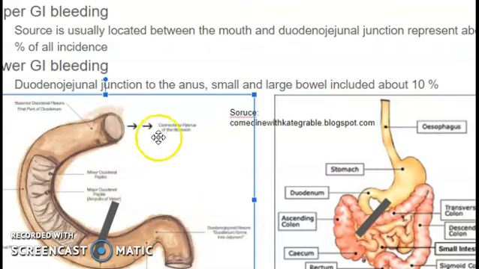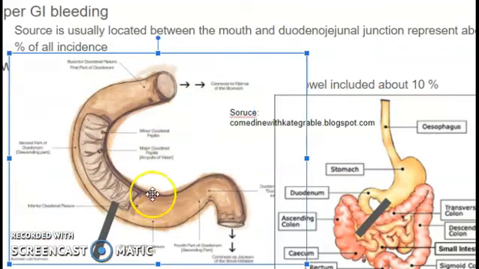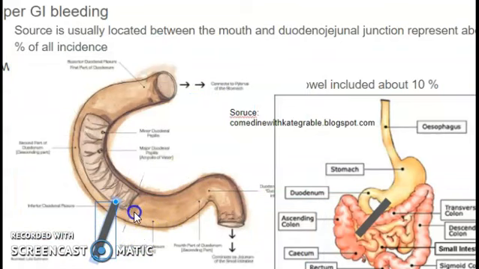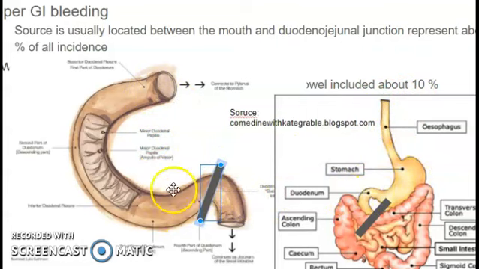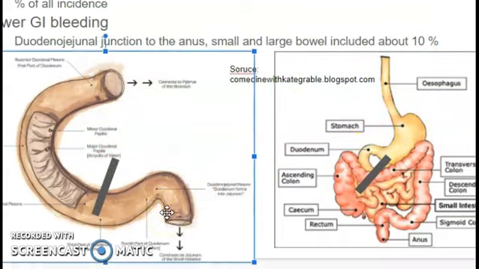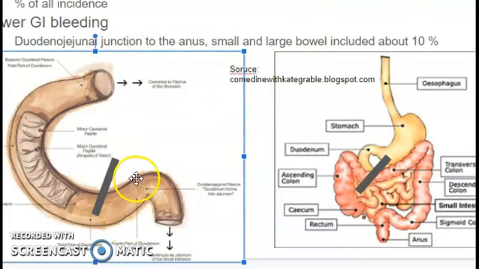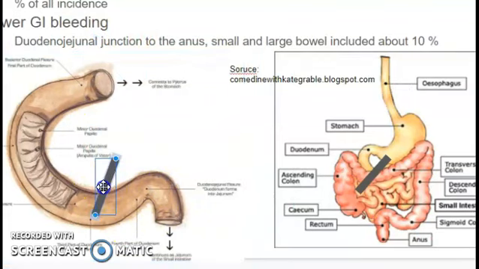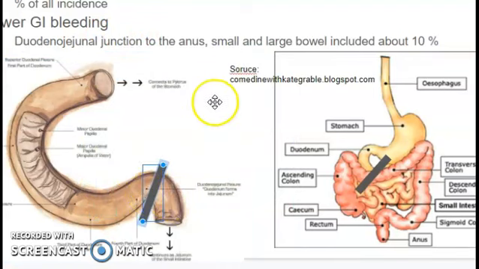And here's a much more zoomed-in photo. This is the part of the duodenal flexure. Essentially any sort of bleeding from the mouth, esophagus, and stomach up till this place is known as upper GI bleeding, and anything from this point and lower, from the duodenum junction to the anus, is about 10% of the bleedings.